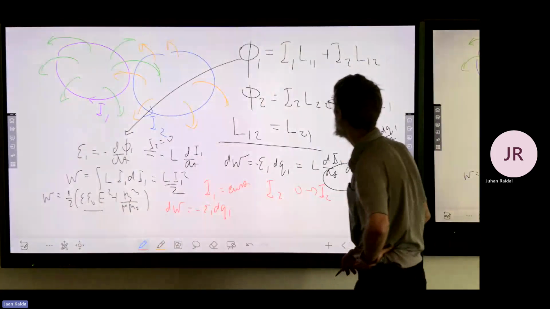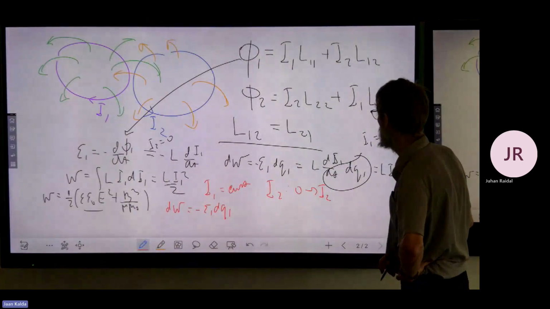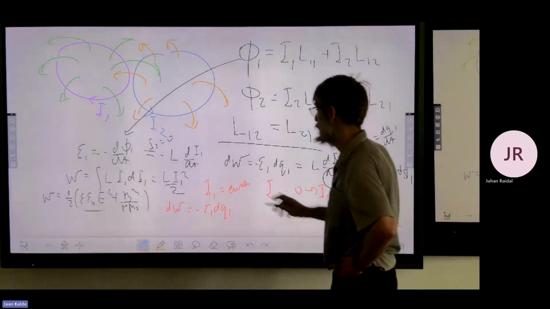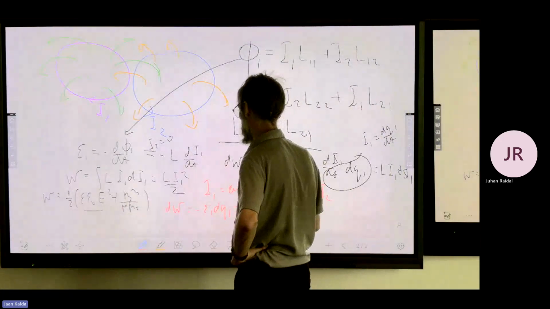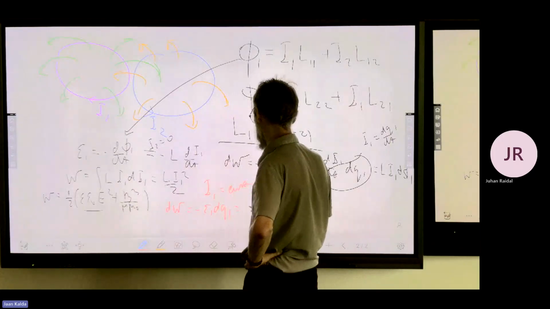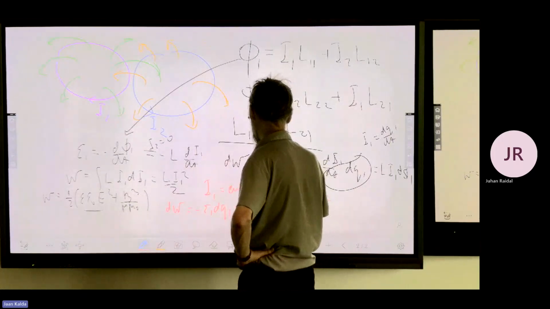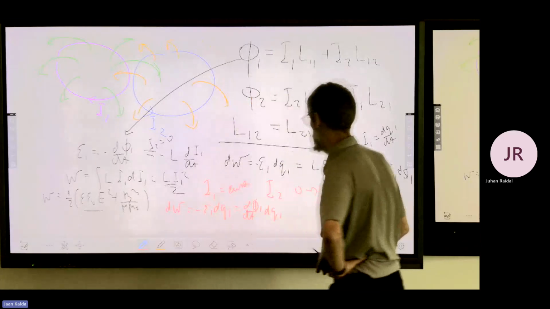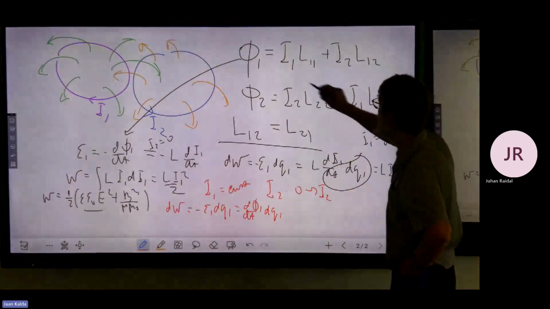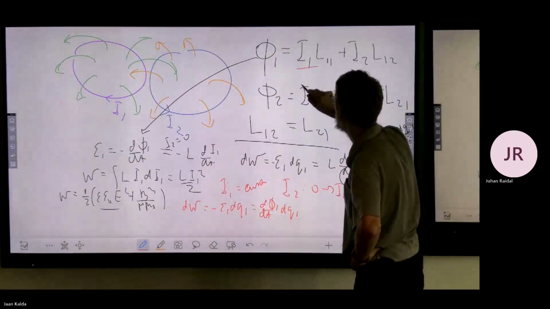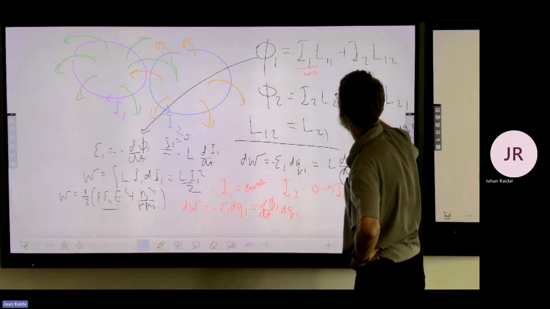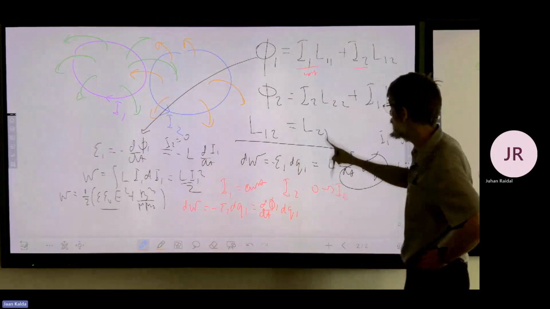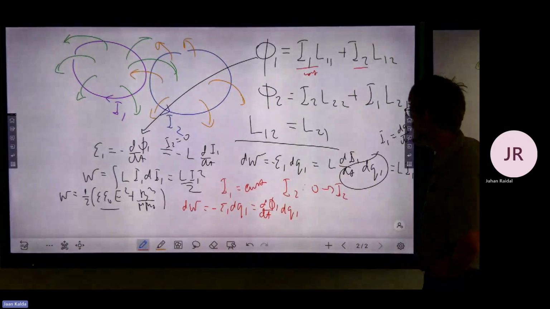But now if we plug in d phi over dt, this is d phi 1 over dt multiplied by dq1. Now I1 is constant, but I2 is changing, so from the time derivative, I1 drops out.